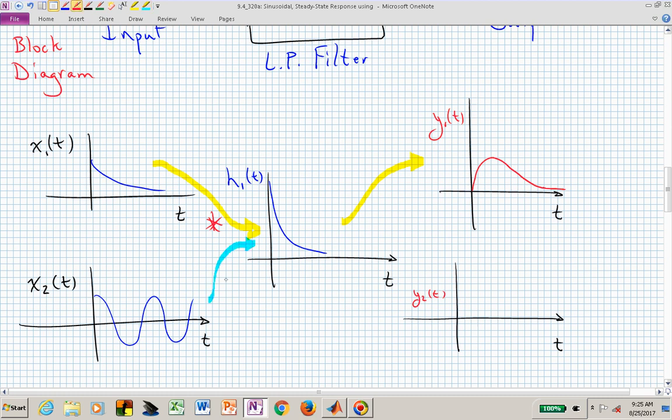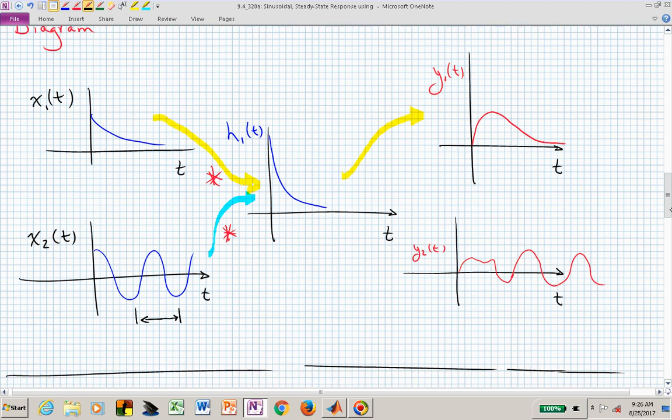Again, in the time domain, we convolve h sub 1 of t with x sub 2 of t, and we would expect then that in the output, maybe after a transient, and I'm exaggerating that transient behavior, we will start to see a signal that is of the same frequency, and the frequency we can simply measure by looking at two common points on the waveform.